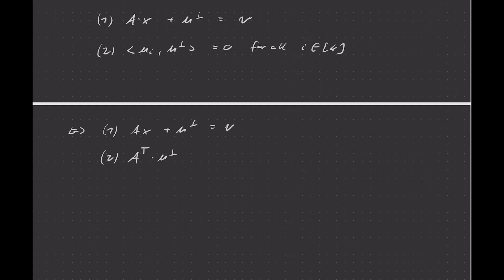Then each row of that result is a scalar product between a row of A transpose and u ortho. So this is the vector that has in its rows exactly the scalar products that we want, and we want that to be 0.